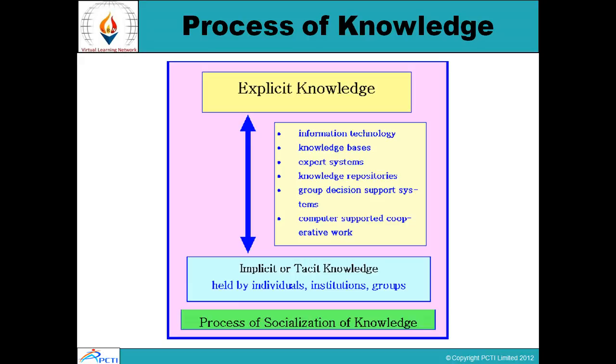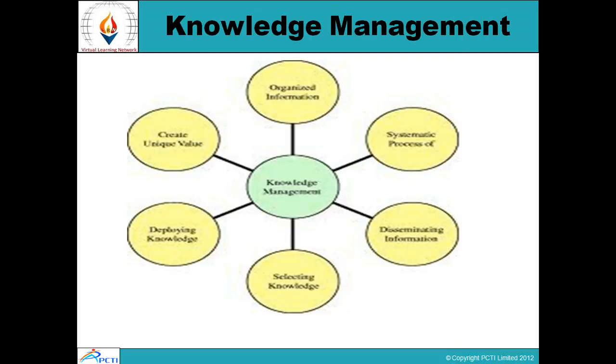So computer supported cooperative work is a kind of explicit knowledge base which has a direct exchange of information with that of the implicit knowledge, that is the unspoken knowledge held by individuals, by institutions, by groups. So ultimately this entire scenario is responsible for the process of socialization of knowledge, right?